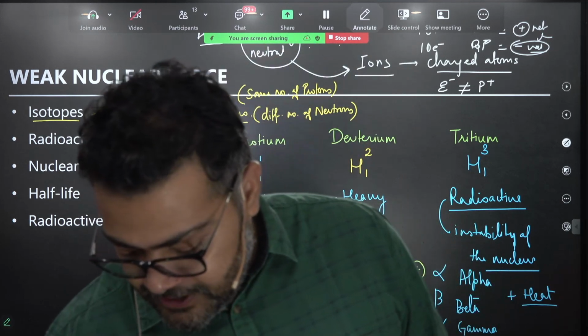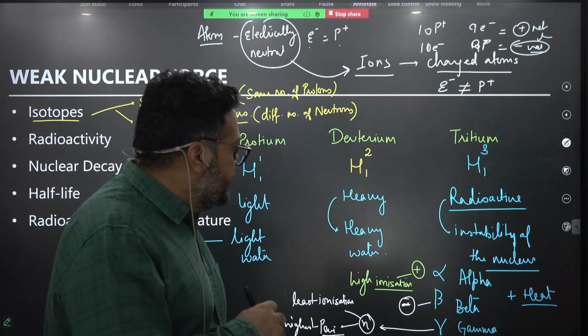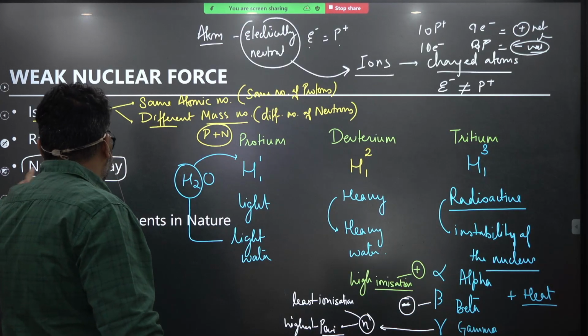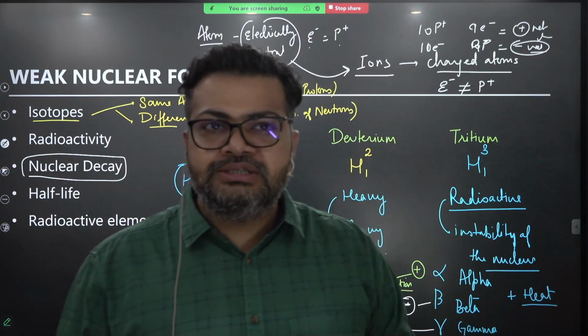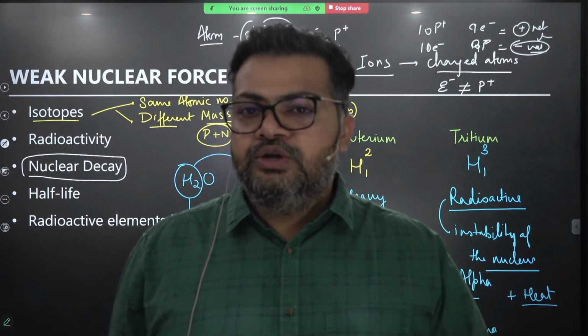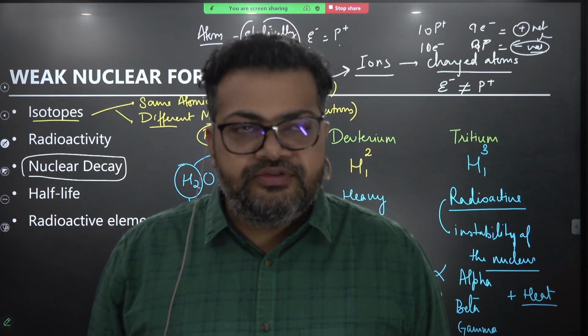All right, perfect. So this is what we have under radioactivity. Now, so guys, remember, radioactivity is also called nuclear decay because the nucleus is decaying from an unstable nucleus to a stable nucleus. Now guys, my question to you is, we have learned that radioactivity is a temporary phenomenon, right?